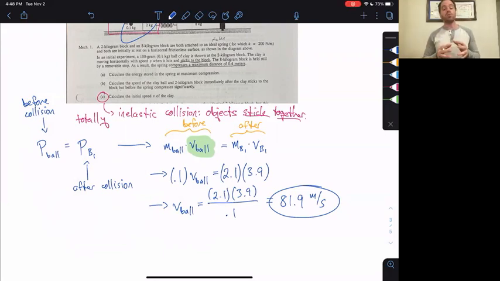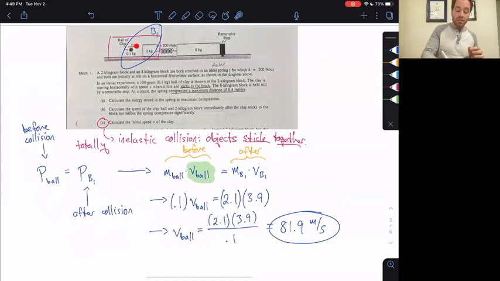Now, why the heck is the ball going so fast? It's going so fast because in order to get the entire system moving, keep in mind that all of the momentum is initially concentrated in this super tiny thing. And tiny means the amount of mass. 0.1 kilograms is a small, small amount of mass.